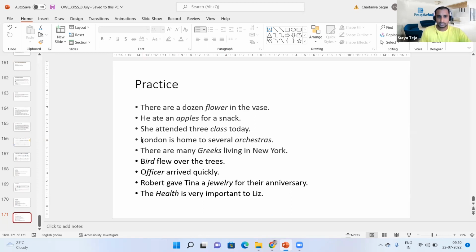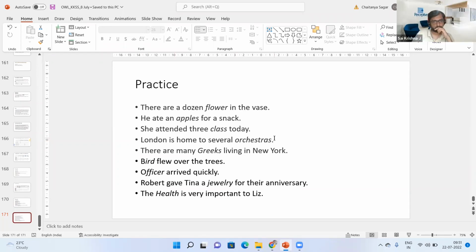If we see the fourth example: London is home to several orchestras. Any changes needed, or is it fine? I think it's fine. Okay. London is home to several orchestras. Several orchestras, I think it's fine.